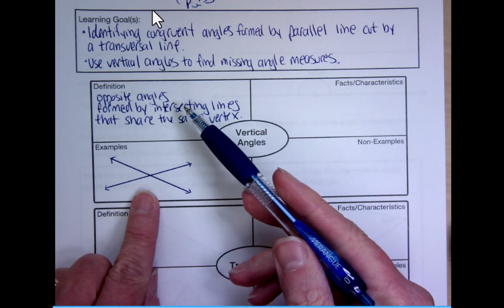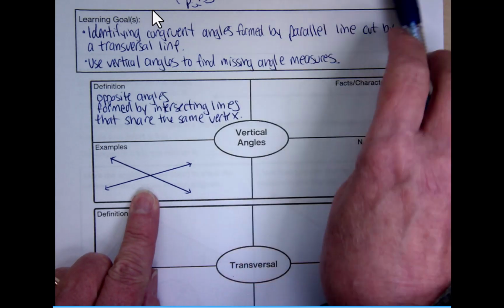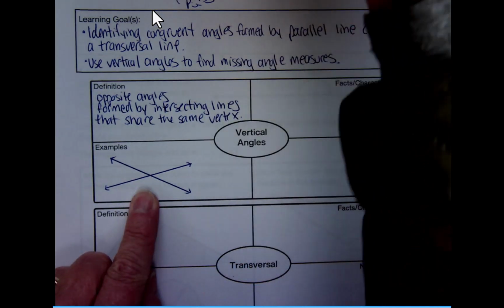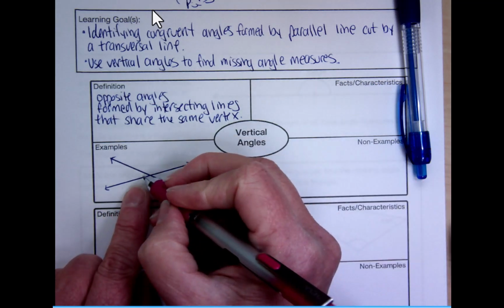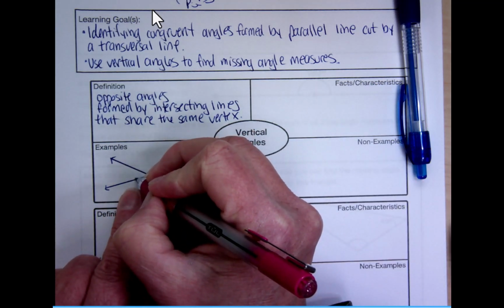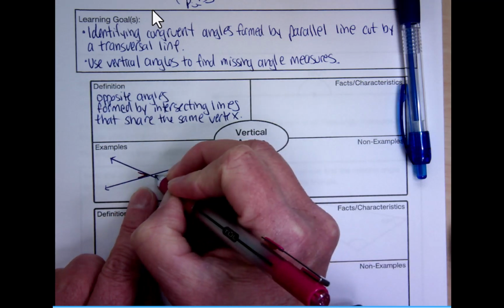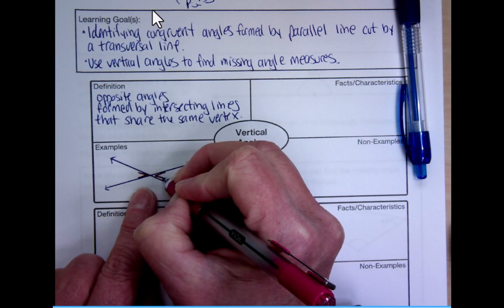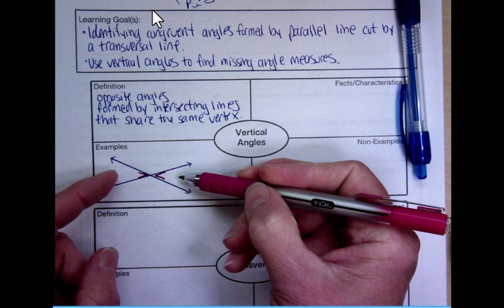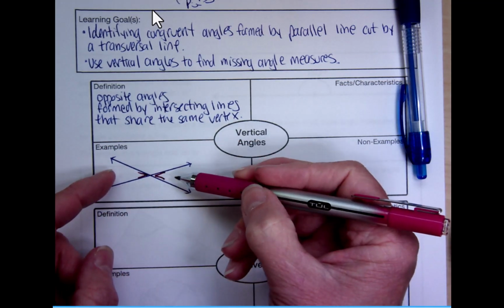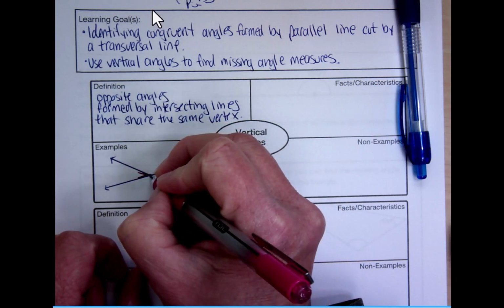This is opposite angles. Let's see what we mean by that. Let me grab a pen here. Let's take a look at this angle that's formed by these two sides and this angle. Those are opposite angles formed by these two intersecting lines, and they share the same vertex.